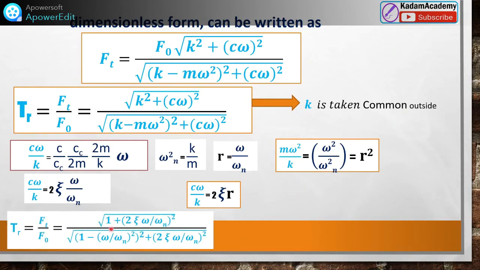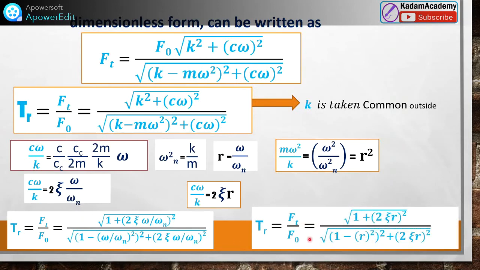Putting these values here: TR is equal to the square root of 1 plus (2 zeta omega by omega n) bracket square, in the denominator the square root of the first bracket (1 minus (omega by omega n) square) bracket square plus the second bracket (2 zeta omega by omega n) square. So this is the equation for TR. What is TR? Transmissibility ratio. If we put the value of omega by omega n as r in this equation, it is converted into the form of the frequency ratio.